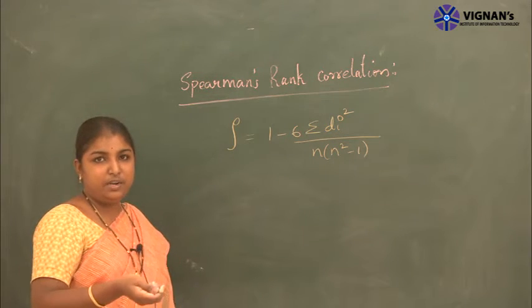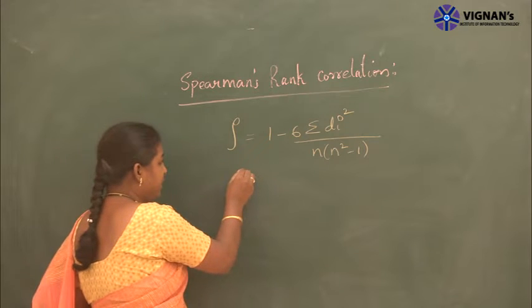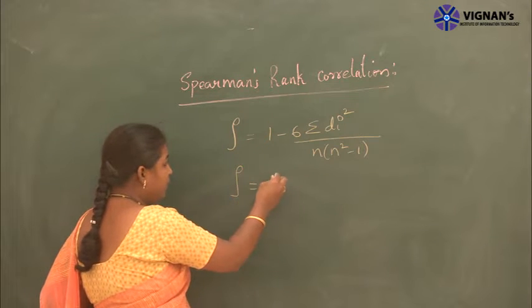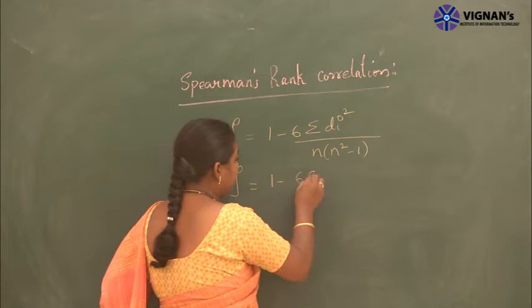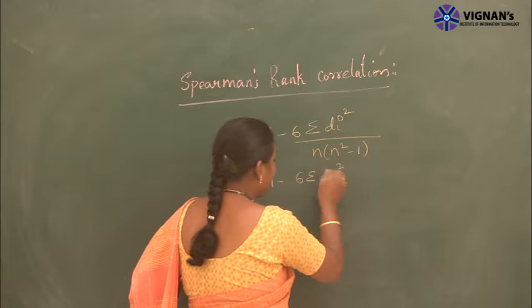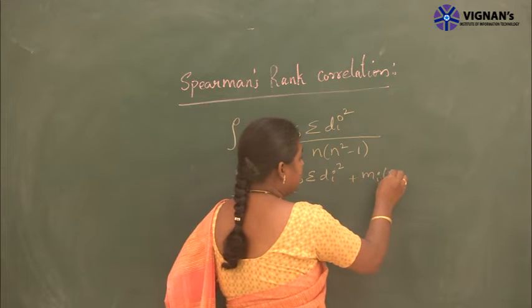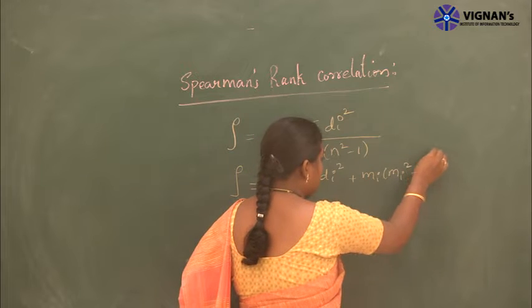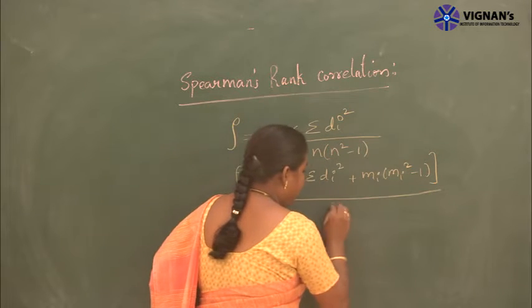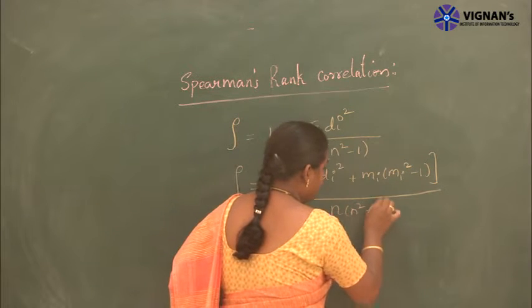If the ranks are repeated, we use another formula for Spearman's rank correlation. Rho is equal to 1 minus 6 into summation di square plus mi into mi square minus 1 by n into n square minus 1.